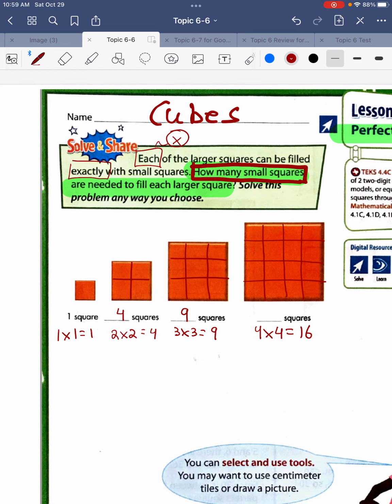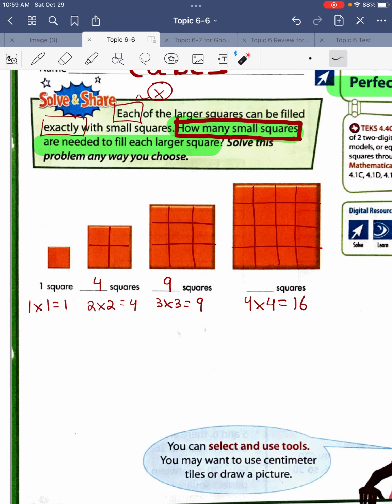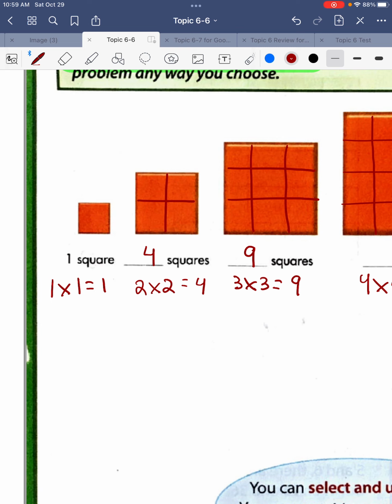Now if you look at this, you'll notice that my equations each have the same factor. They're multiplying by the same factor. For example, I have 1 and 1. Those are my factors, and my 1 is a perfect square.